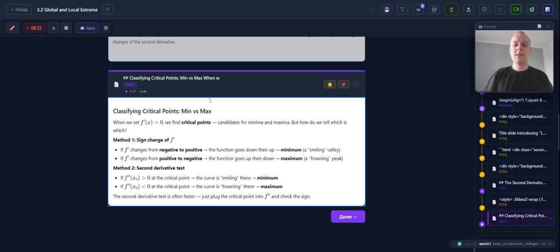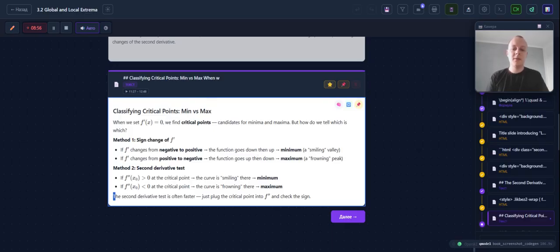The second method is the second derivative test. If we find the second derivative at the particular point, and it is greater than zero, it means the curve is smiling there. Smiling means a minimum point. If our second derivative is negative at that point, it means maximum, and the curve is frowning there. So the difference is that the second derivative test is often faster.